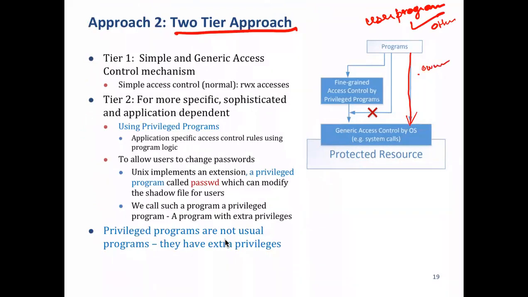This is called normal access control, simple and generic access control, which allows the user to do whatever they are eligible for. If you want to do something special, like changing the shadow file or changing your password, then your request, like a password change request, has to come through a program specially designed for that, which is called a privileged program.